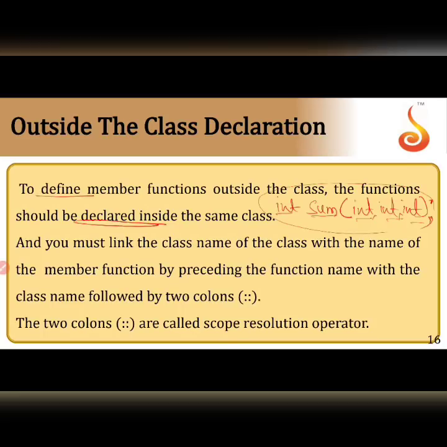This statement should be a part of the class, otherwise the method or the function will not belong to the class. You must link the name of the class with the name of the member function using the scope resolution operator, that is, double colon is called the scope resolution operator. It will bind the method to the class, like it will tell you which class the function belongs to.